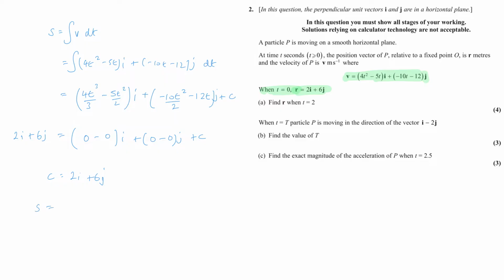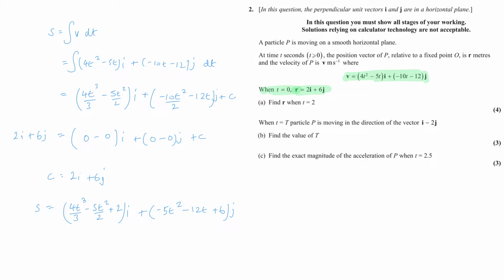So my s, or r, is 4t cubed over 3 minus 5t squared over 2 plus 2i, and then it's minus 5t squared minus 12t plus 6j.